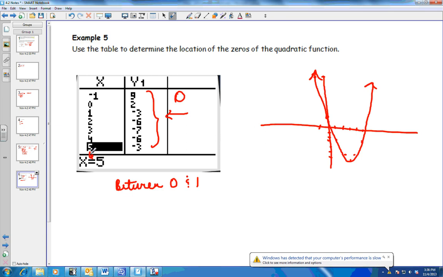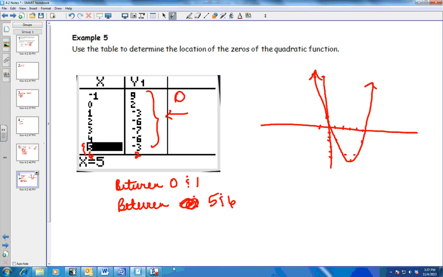So following the pattern, -3, -6, here's my vertex, -6, -3, do you see that my next number should be 2? So I'm also going to have a 0 between, I'm going to use my x values, 5 and 6.